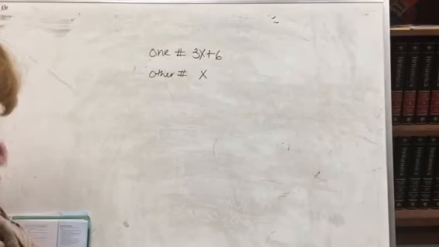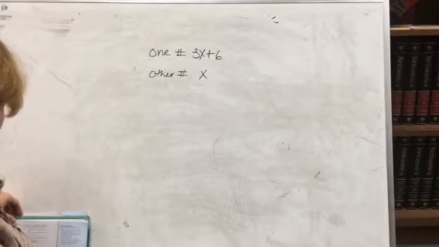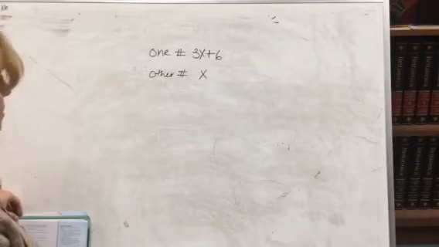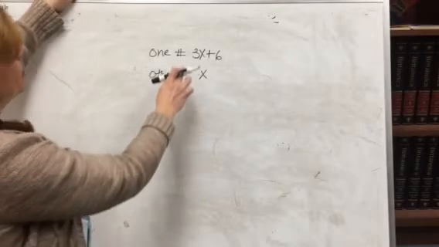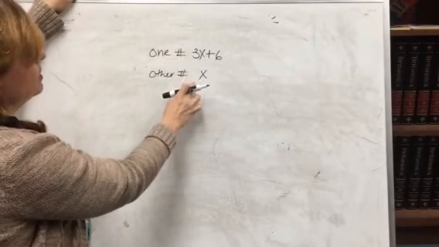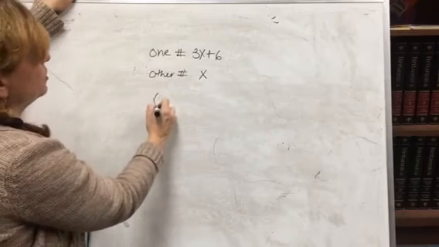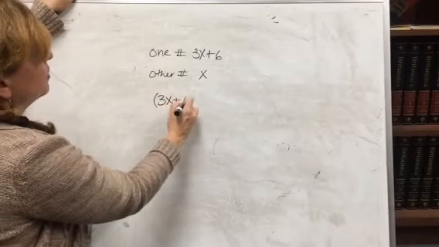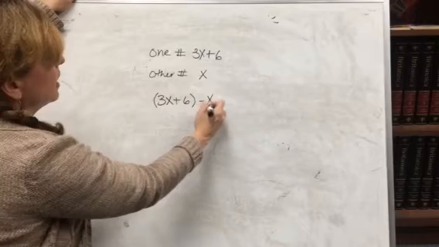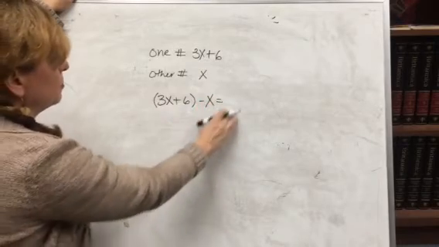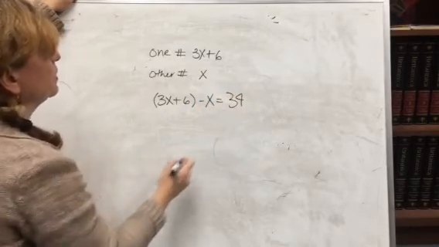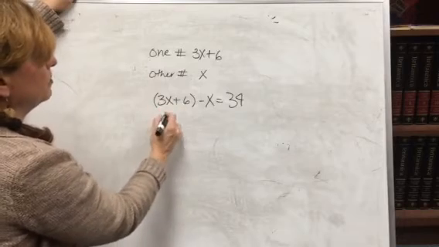Then it says the difference of the numbers is 34. What are the two numbers? We have to take this number and subtract the other number, because the difference of the two numbers is 34. So (3x plus 6) minus x equals 34, and you put that in parentheses.